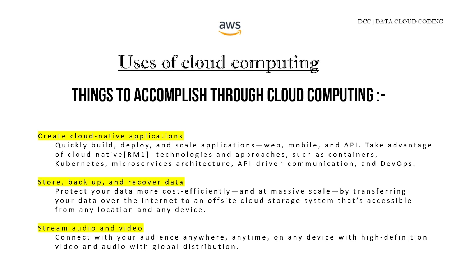I can quickly build, deploy and scale applications, either web, mobile or API. We can take advantage of cloud native technologies and approaches such as containers, Kubernetes, microservice architecture, and API driven communication. And also, we can go for the DevOps services that cloud computing platforms provide.